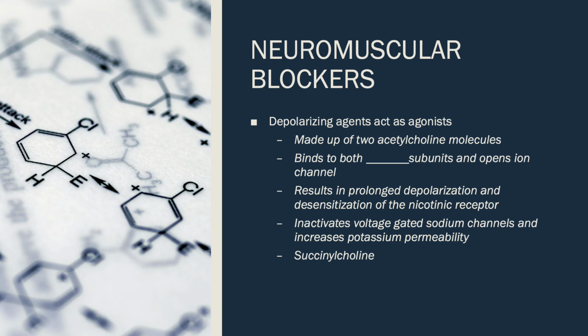This leads to a persistent depolarization of the muscle fibers, and this can result in a well-recognized fasciculation and paralysis. After it binds to that motor end plate receptor, it remains bound, and thus the end plate cannot repolarize. This is known as a phase 1 block. It is during this depolarizing phase that transient muscle fasciculation occurs.